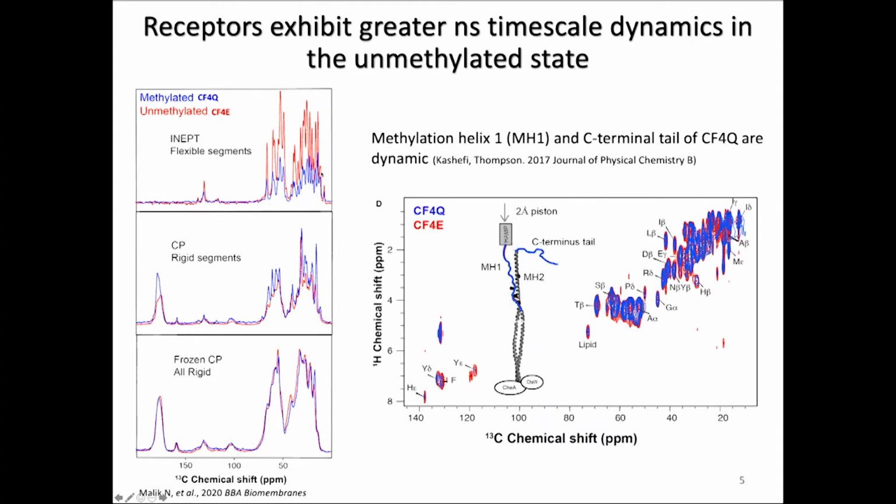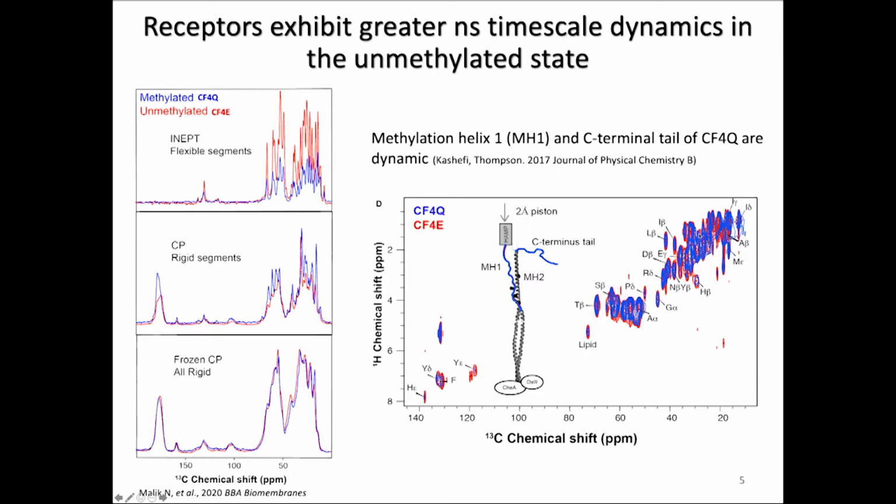So we ended up doing a 2-dimensional INEPT experiment. Now, if you see here, the first thing that we observe is, as expected, the red signal that is coming from the unmethylated state is of higher intensity than the methylated state, but you can see that the resolution is not sufficient to identify the individual residues.